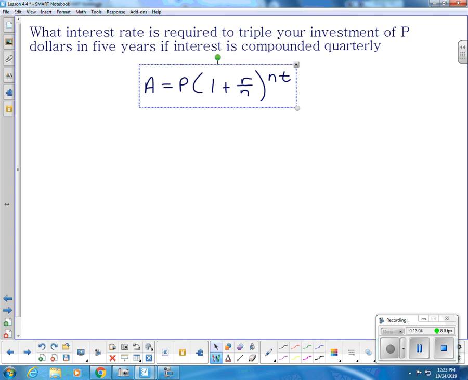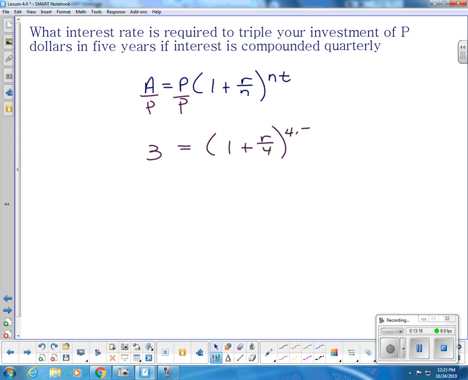So what interest rate is required to triple your investment? That means when I divide the P over here, I start with a 3. Okay? So this one's not too bad.